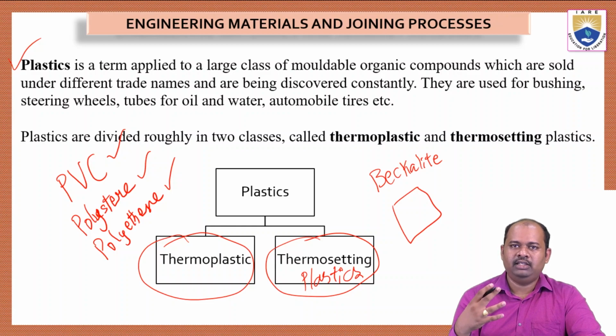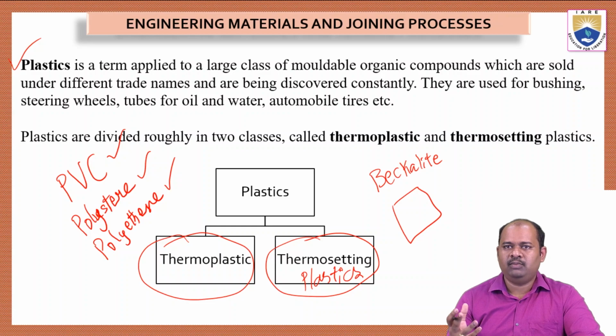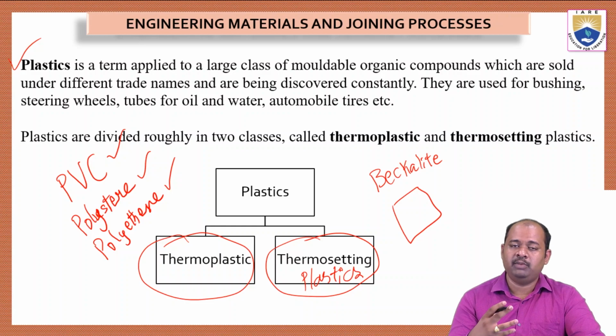So this kind of object is called thermoplastic. Thermoplastics are the plastics which can regain their original shape and size when heating is removed. Whereas thermosetting plastics are the plastics which will not regain their original shape and size when the heat is removed.